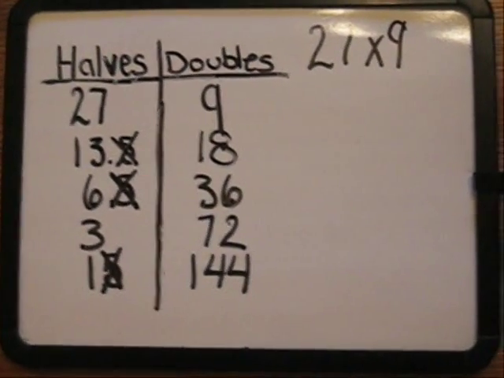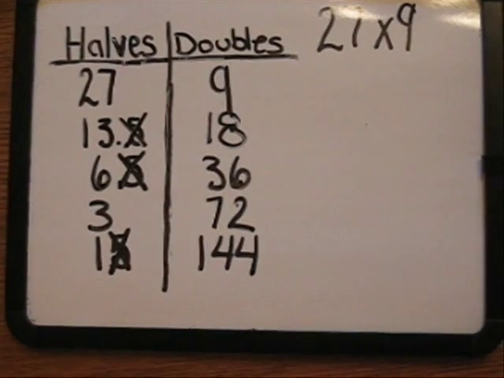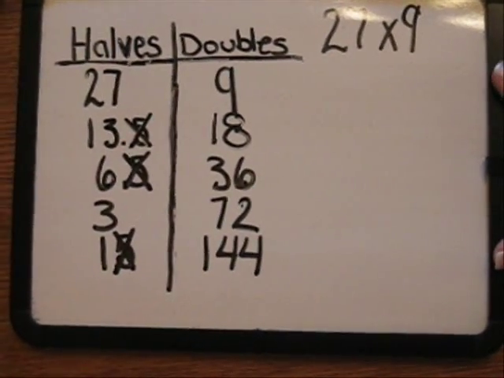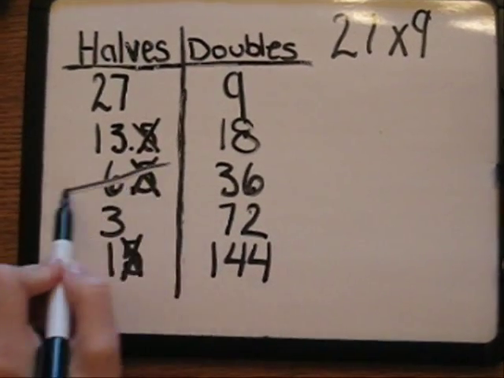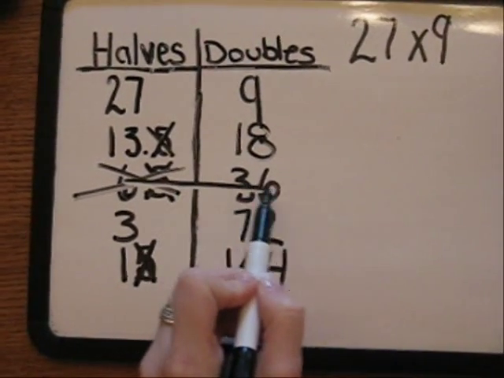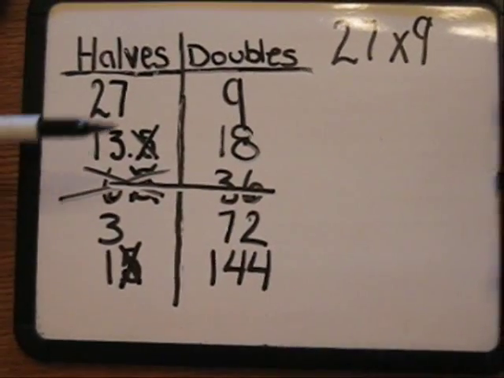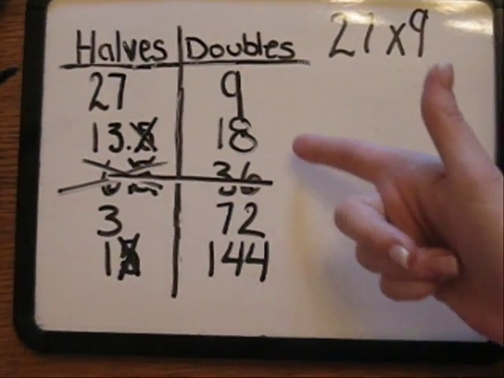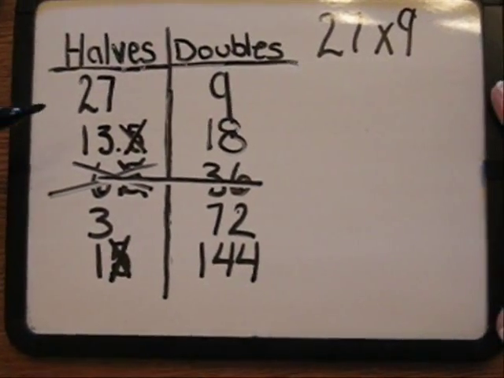So I've reached all my steps, and I want to cross out all the even numbers in the half column. So that just takes out the 6. And I'm going to cross out the corresponding number in the doubles column. And then what I want to do is add up all the remaining numbers that I haven't crossed out in the doubles column.